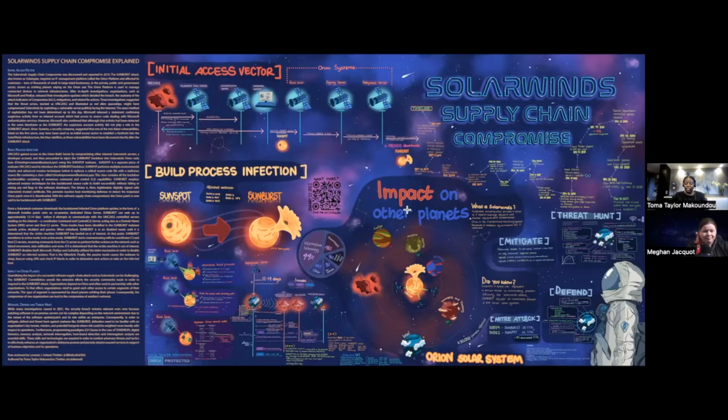Due to the complexity of this attack, I had to use a system that would allow the reader to easily find information that is linked with each other. And so I used color coding, which makes the content more intuitive and consumable for the reader. For example, I'm using the color red for offensive activities and blue for defensive activities.